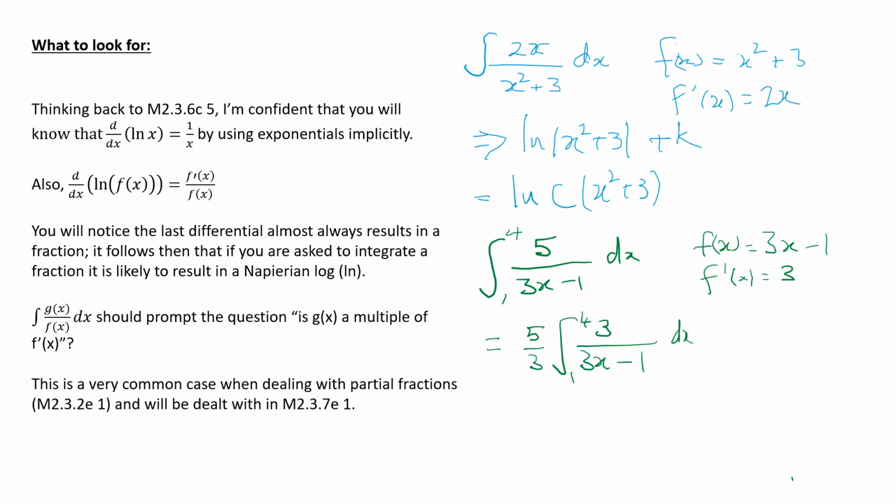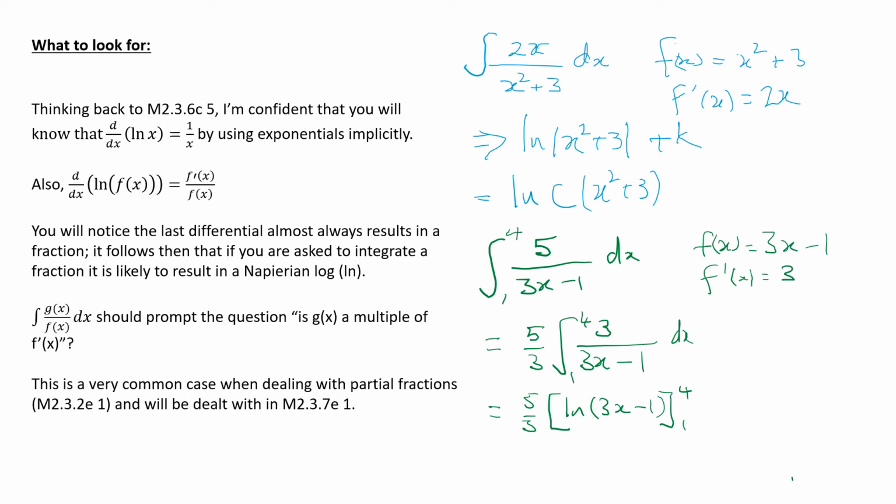So I've got 5 over 3, the integral between 4 and 1 of 3 over 3x minus 1 with respect to x. Now the top is the differential of the bottom. It's a straightforward log function. So it's 5 over 3 ln bracket 3x minus 1 between the limits 4 and 1. Notice again I'm being a little bit remiss, I'm not using moduli notation.